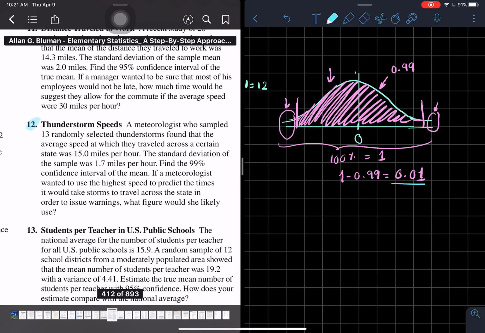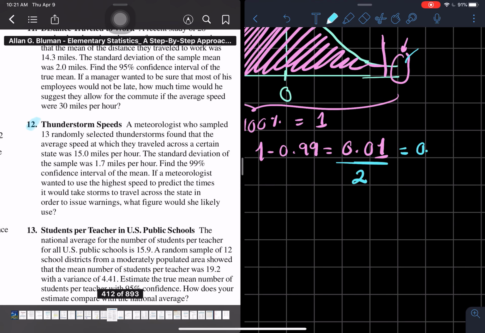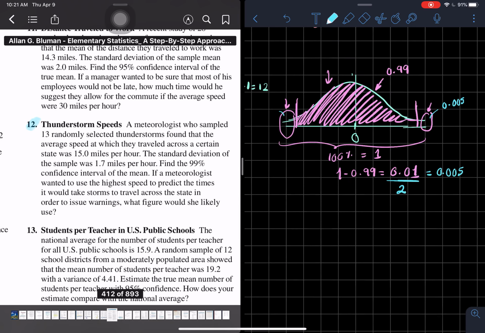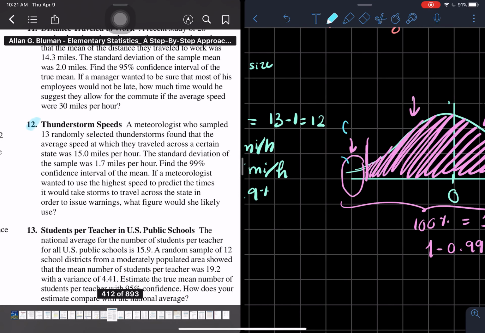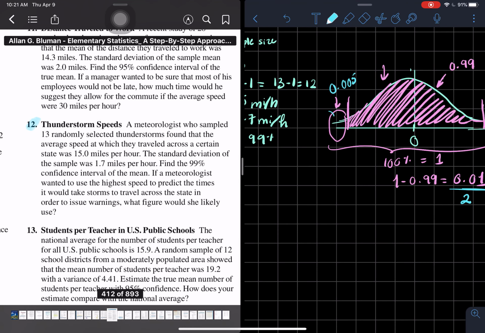So this 0.01, is it here? Is it here? Actually, it's both. Because if I divide it by 2, then I end up with 0.005, which goes here, and 0.005 here. Okay, well, now I need to go find my t value.